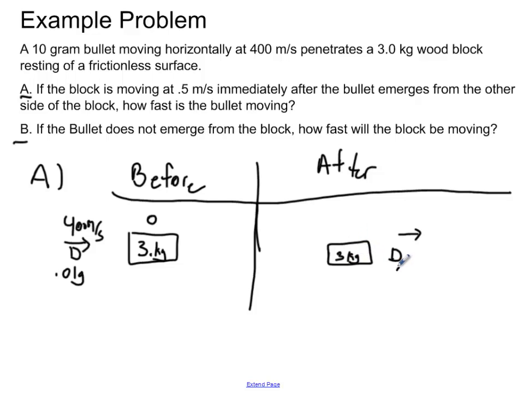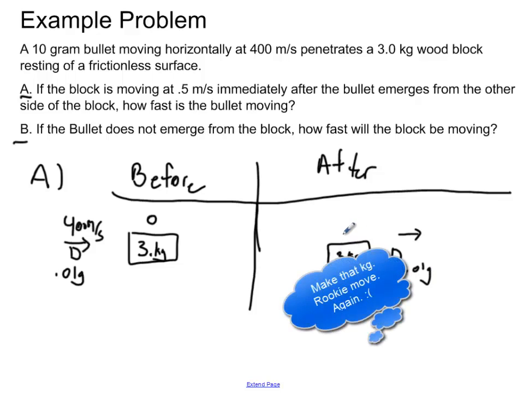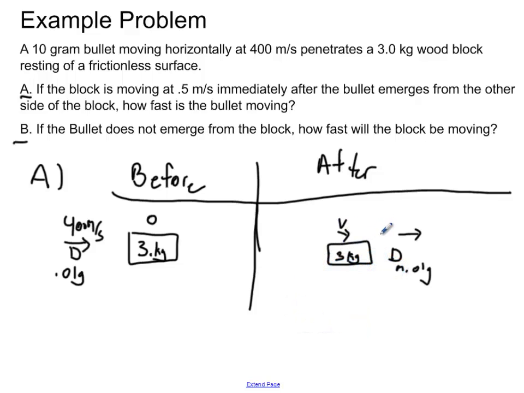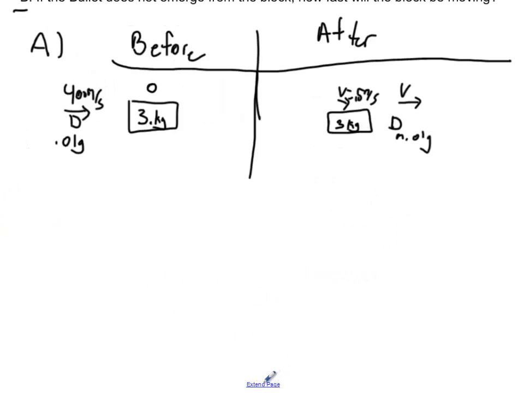It's still got a mass of 0.01 kilograms. I guess we're assuming none of the mass got stuck in the block, and the block is going to be moving as well with some velocity v. And what we're supposed to figure out, oh, actually it tells us that, right? It tells us that this v is 0.5 meters per second. What we're supposed to figure out is how fast that bullet's going. So this is not as complicated as it looks.